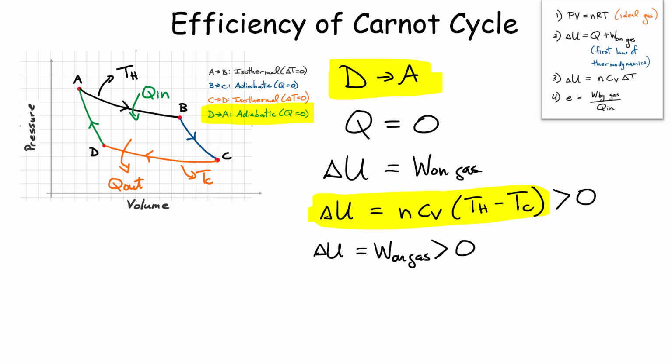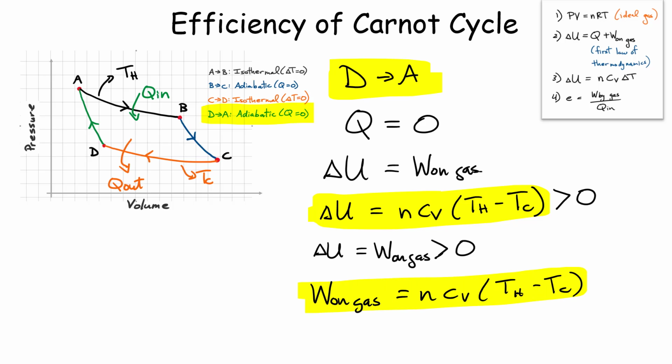That's where it gets the energy from, to change the internal energy of the gas. So it's very easy now to calculate the work done on the gas. All you have to do is set it equal to the change in internal energy. So it's also nCV times TH minus TC. Now we're all done. We've calculated the 3 quantities for this adiabatic process going from D to A.